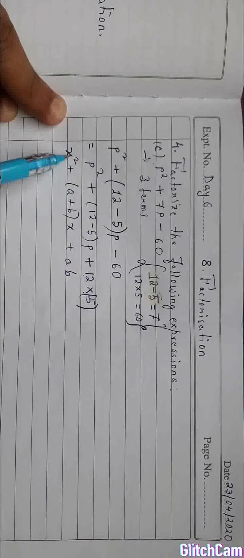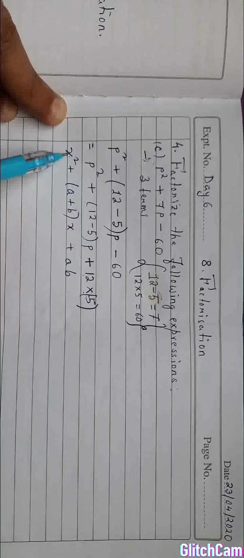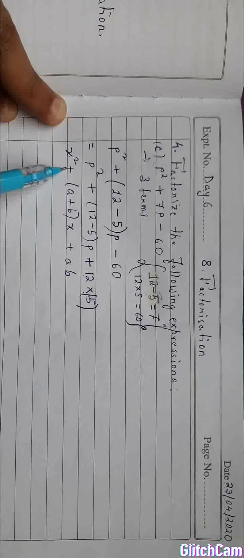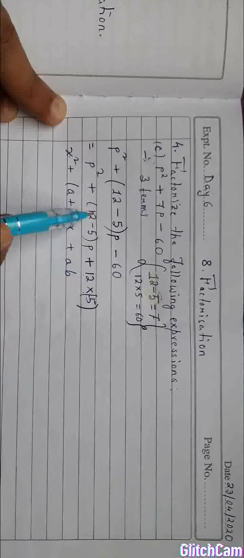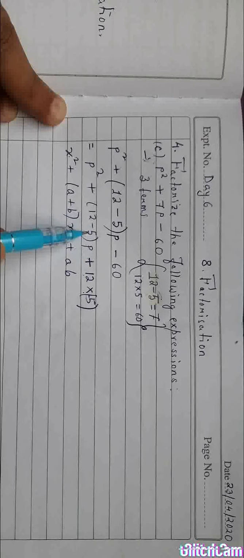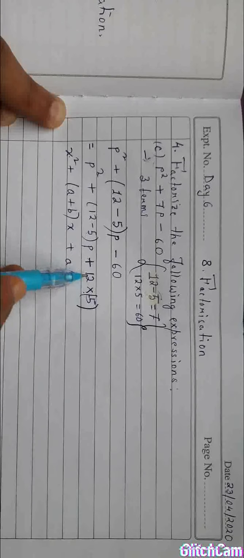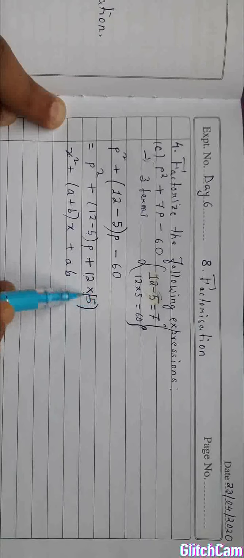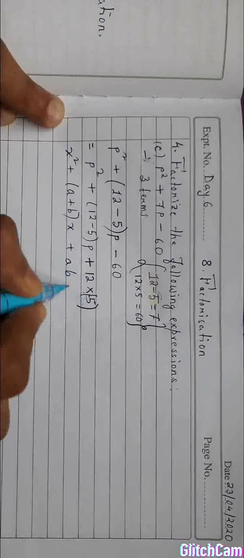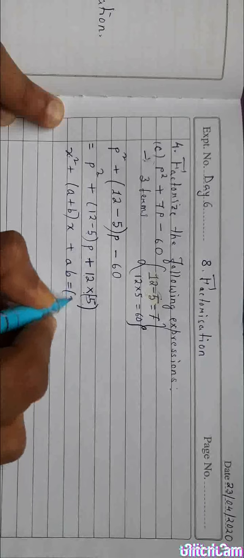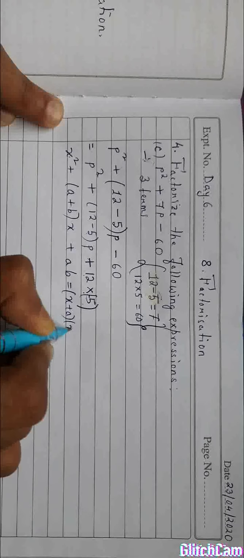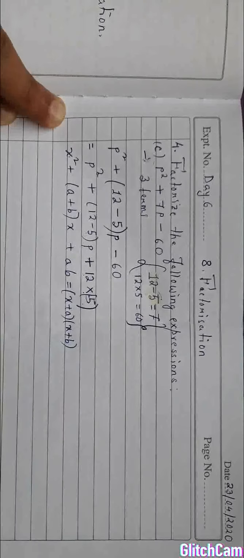So here x square is p square, where p is equal to x, plus a plus b. Now here it is 12 minus 5, that means a is 12, b is minus 5, x here is p, plus a into b, which is 12 into minus 5, equal to x plus a and x plus b.